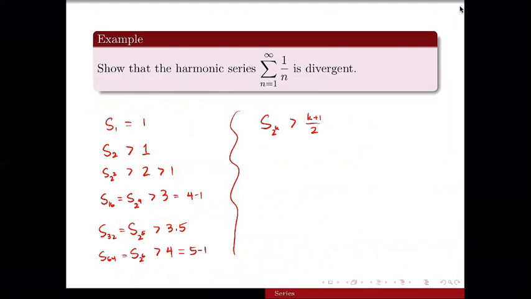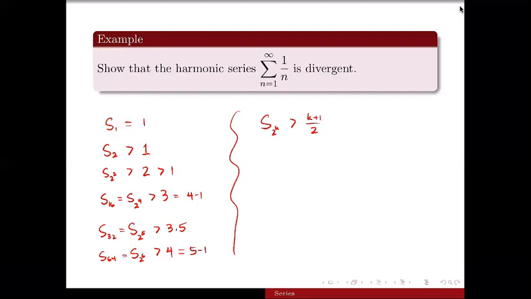Correct? You see, if your k equals 0, that's 2 to the 0, that's 1. So 0 plus 1 over 2 to the 0 is 1, so that's 1 over 2, that's 1 half.